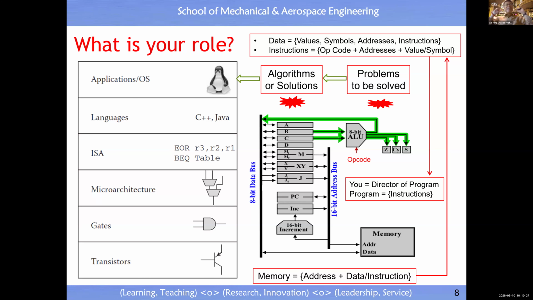So in that sense, you must know the problem to be solved. Also, you must know the solution which will solve your problem. What is the solution? What is your problem? These are not the focus or scope of this course.